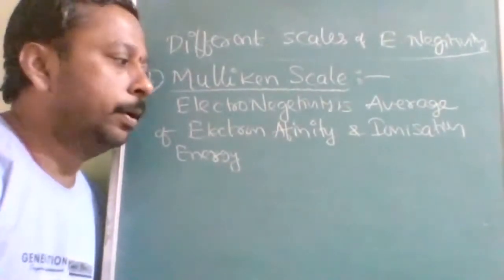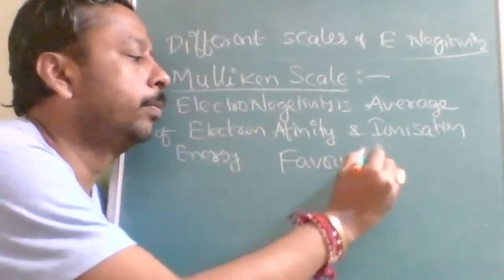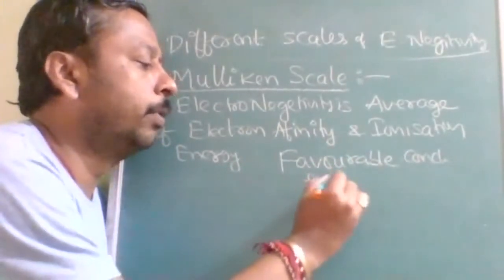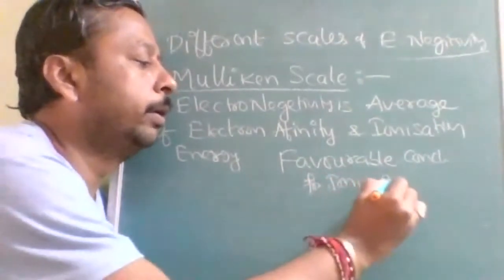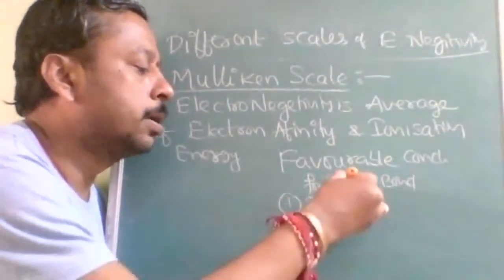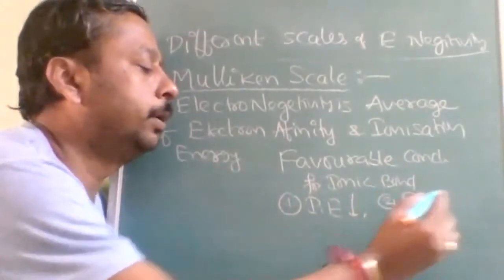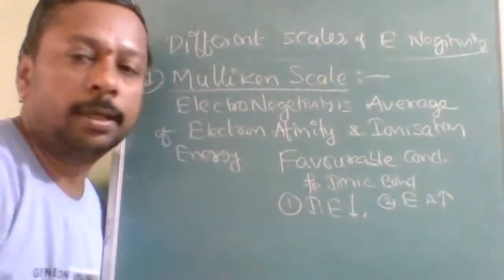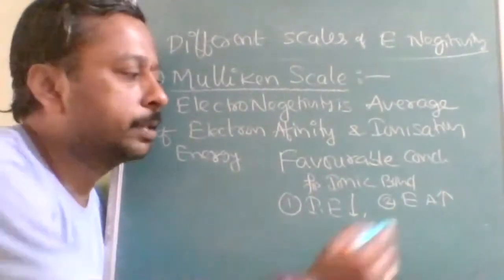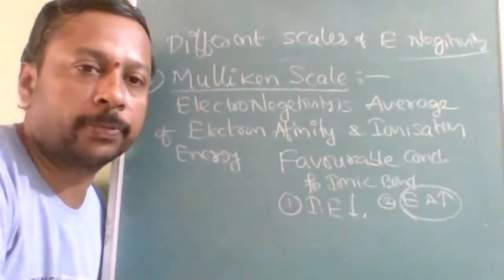You are going to study the favorable conditions for ionic bond formation in chemical bonding. First, ionization energy should be low. Second, electron affinity should be high, meaning the atom which gains the electron must release more energy.